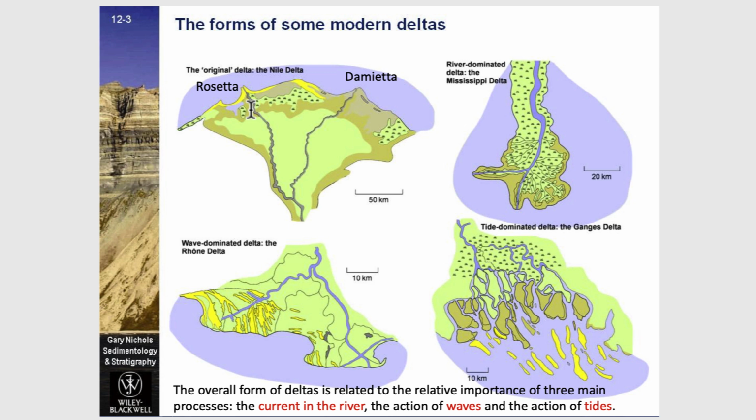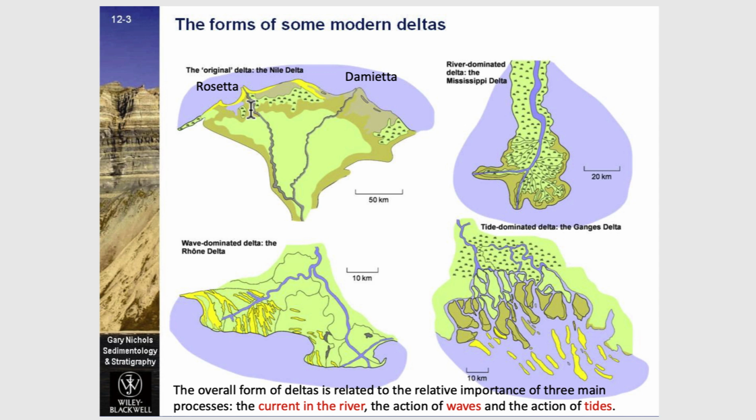So these are still what are called prograding deltas. You have to imagine a delta as always a prograding body, so it will always build up sediment and increase the area of land that is protruding towards the sea. But the morphology can change significantly.